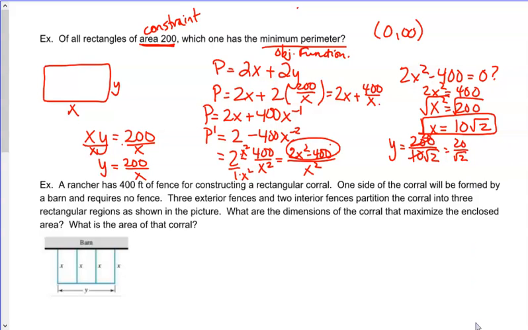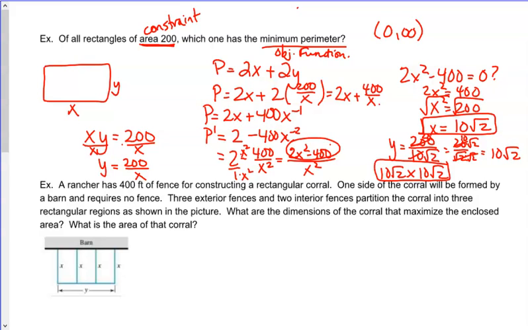I have it different on my paper, sorry. And so then I rationalize this, multiplying by root 2 over root 2. And this piece right here is actually 2 that I would cancel into 20 and give me a 10. So this actually turns out not only to be a rectangle, but actually a square as well. So this is a 10 root 2 by 10 root 2 rectangle that would minimize the perimeter when we have an area of 200. Okay?